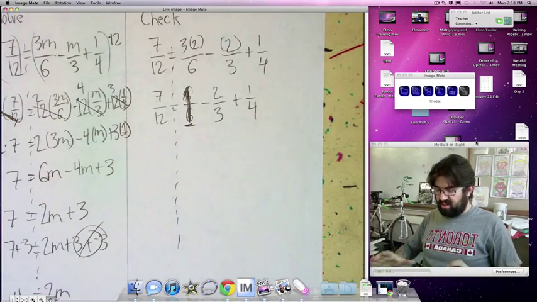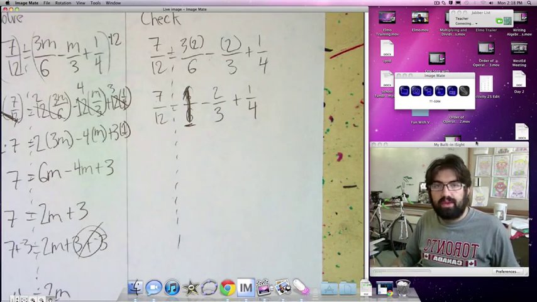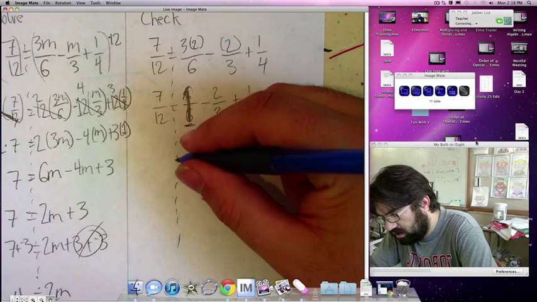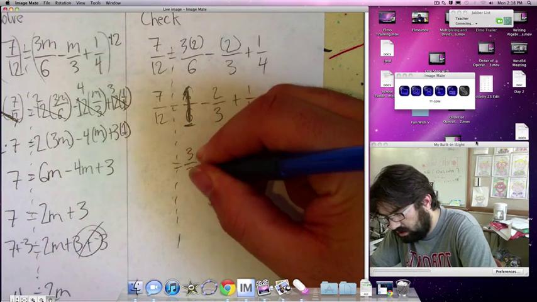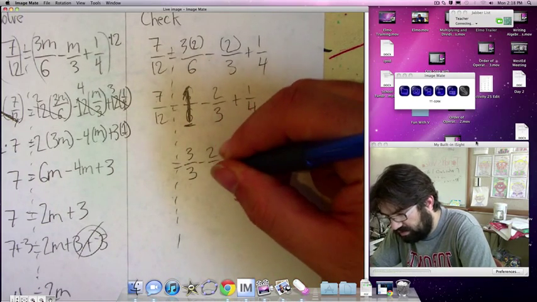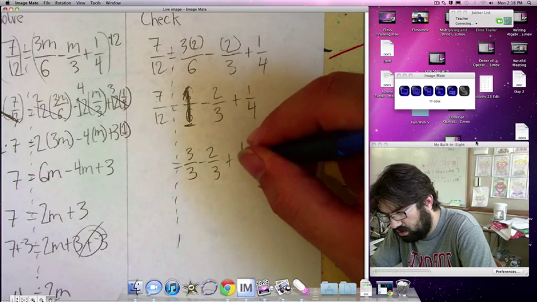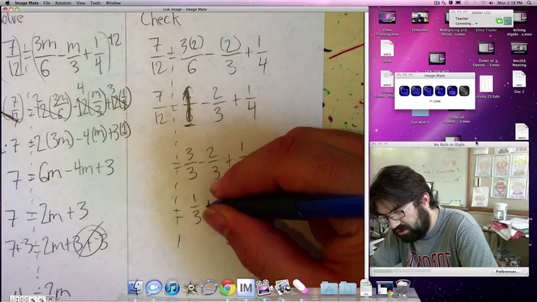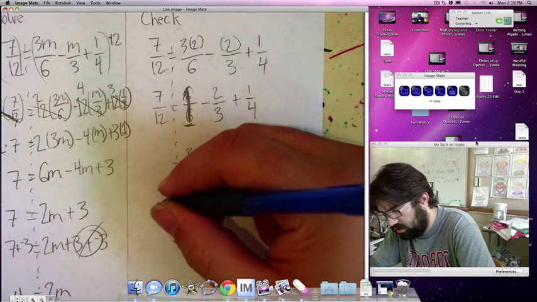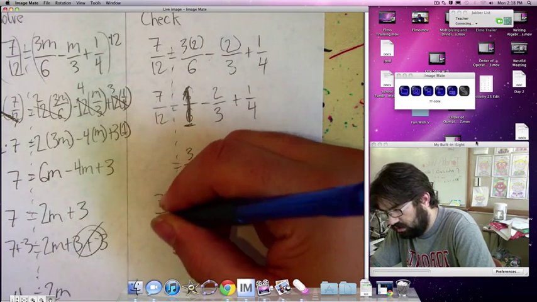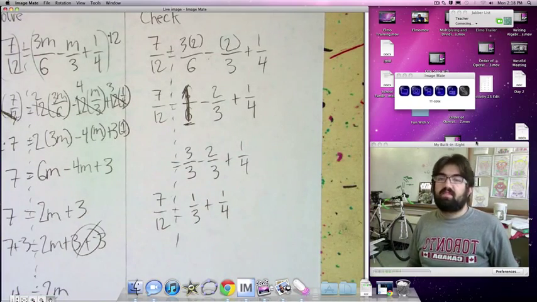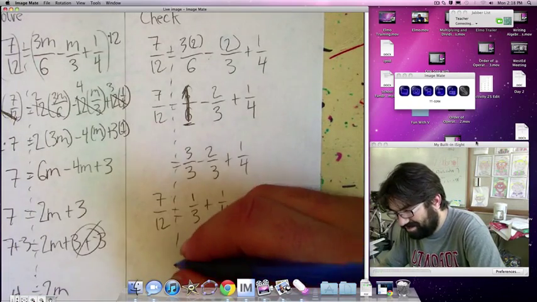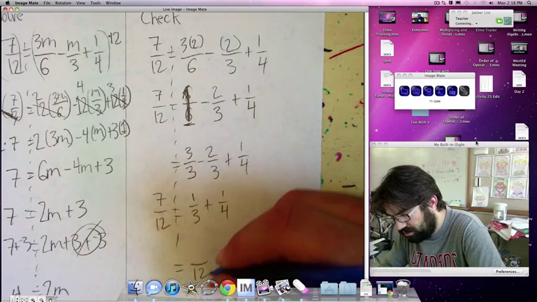I have a whole pizza. I take 2/3 away. So I'm going to common denominator. If I take 2/3 away from a whole, that equals 1/3 plus 1/4. Common denominator between 3 and 4, definitely 12.